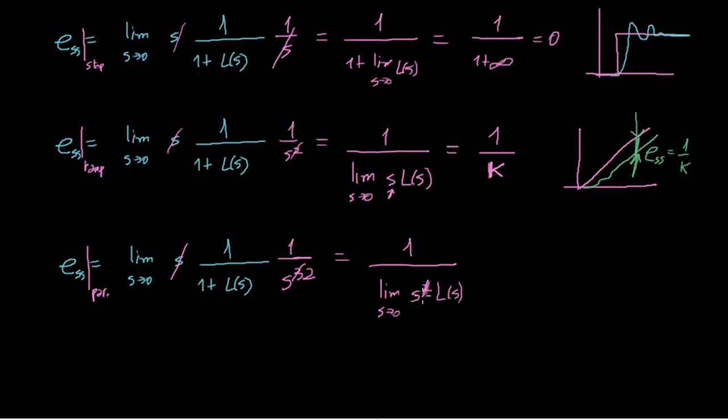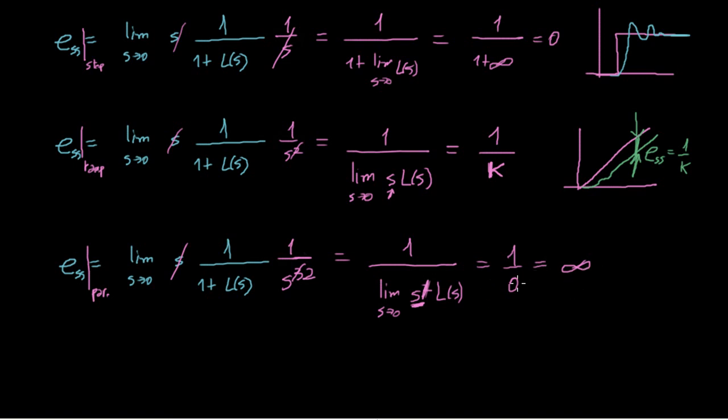Now these two cancel out with the integrator of the plant, but we still have some s here, so we have 1 over 0, which is infinity. So again, this system is not capable of tracking a parabola.